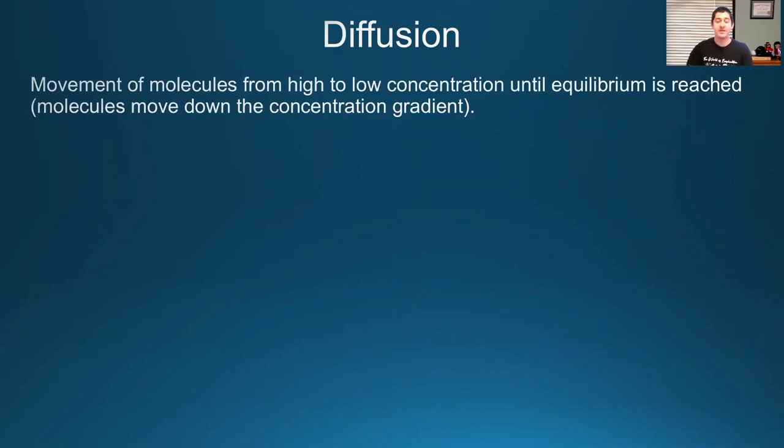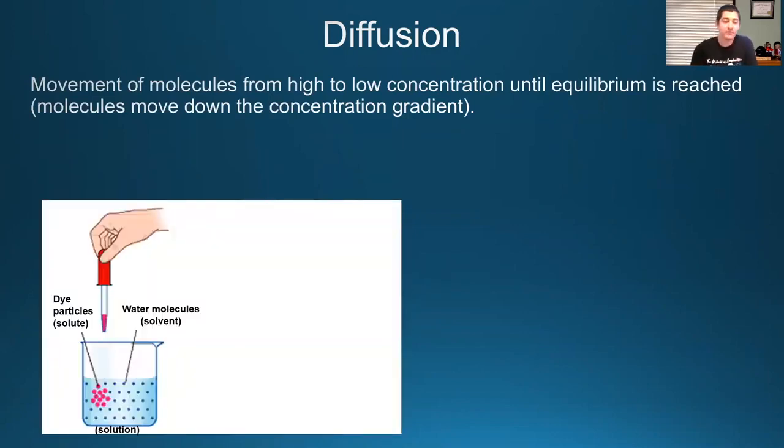And we can see this in action in this picture here. So we have a beaker of water, which will act as our solvent. We have this dye particle mixture, which is our solute. And when we add the dye particles to the water, we get a solution.